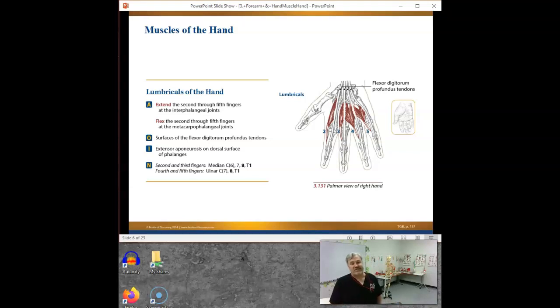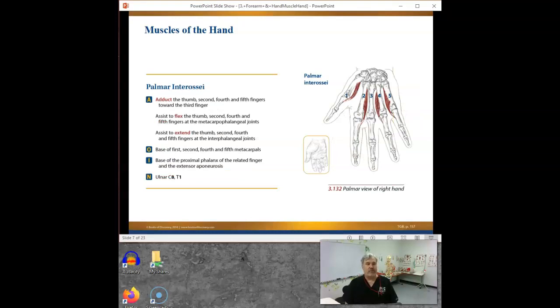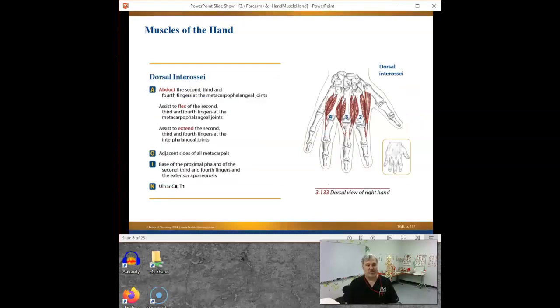You've got some muscles. I don't want to get into this too deeply because the origins and insertions aren't incredibly important. What I want you to realize is that you have lumbricals, I'm going to come back to them in a second, palmar interossei, and dorsal interossei.